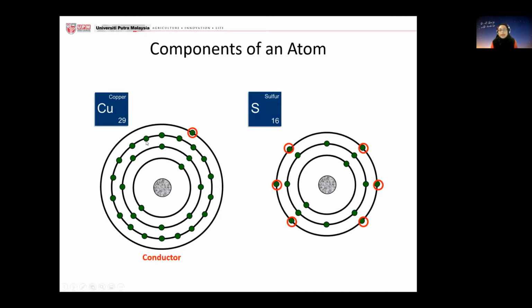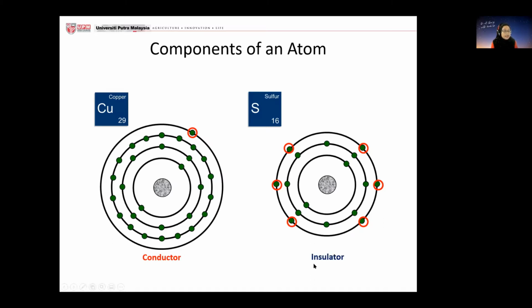With something like copper, the electron wants to move out of the atom. That makes it a conductor because the electron is easy to move in or out. Whereas for sulfur, because you have 6 here, it's much harder for sulfur to lose all 6 electrons than to get 2 in, because they want to fill it up.